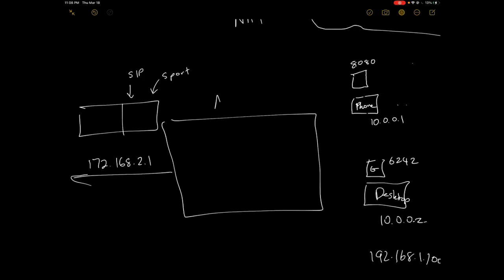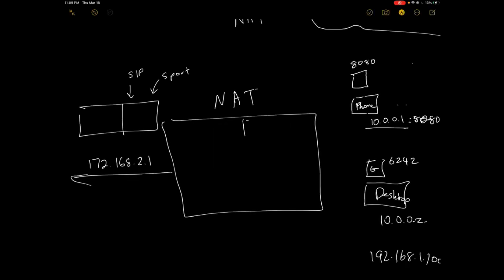So this network address translation table is going to translate this value, 10.0.0.1, and its associated port for the browser, in this case 8080, into something that can be sent on the external facing IP.